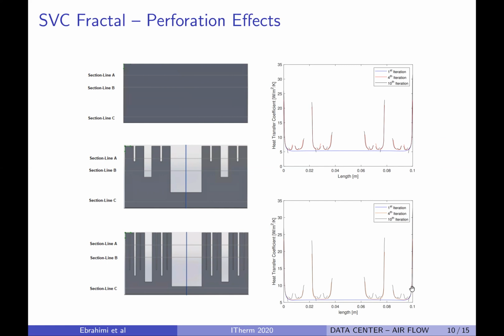For section line B, you see the results here. As you see, the average heat transfer coefficient for the 4th and 10th iteration is about 10 to 15% higher compared to the baseline case. So it shows how SVC fractal improves the heat transfer coefficient and actually enhances the heat transfer from the fin.